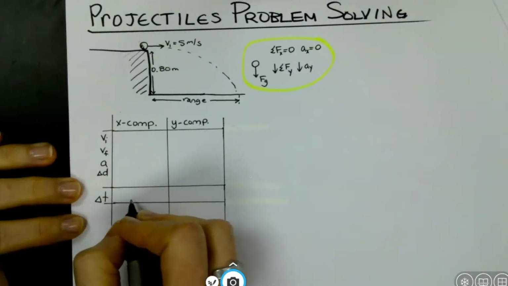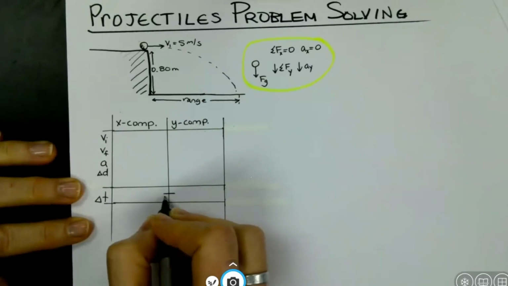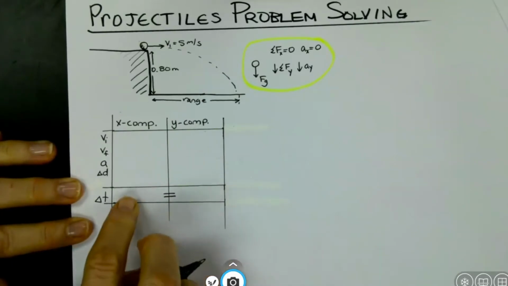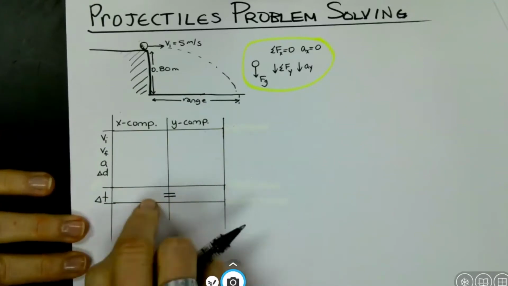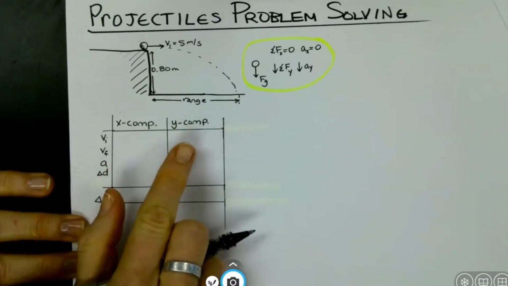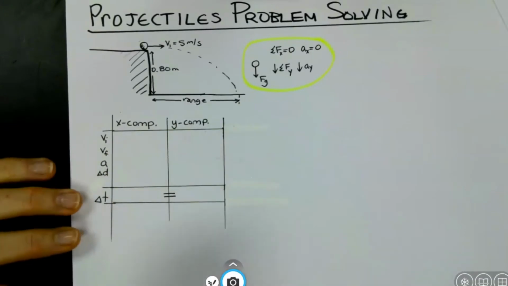Time, however, is scalar. So the time is going to be the same regardless of what axis you're on. So once you find it in one component, that's the only one that will share information. But you're not allowed to let things bleed over. You have to choose from this or from that. And I'll explain that as we go.